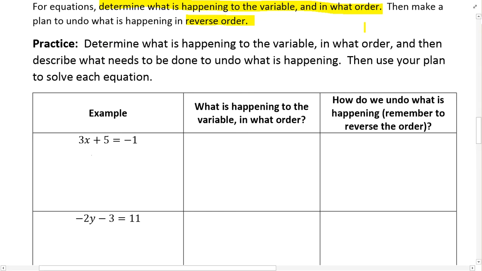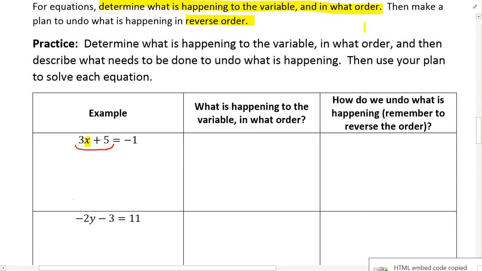So we have an example here, and the first thing we want to do is figure out what is happening to the variable in what order. Okay, so here is our variable, x. There are 2 things happening to this x, and we're only focusing on one side of the equation right now, just this part, okay?